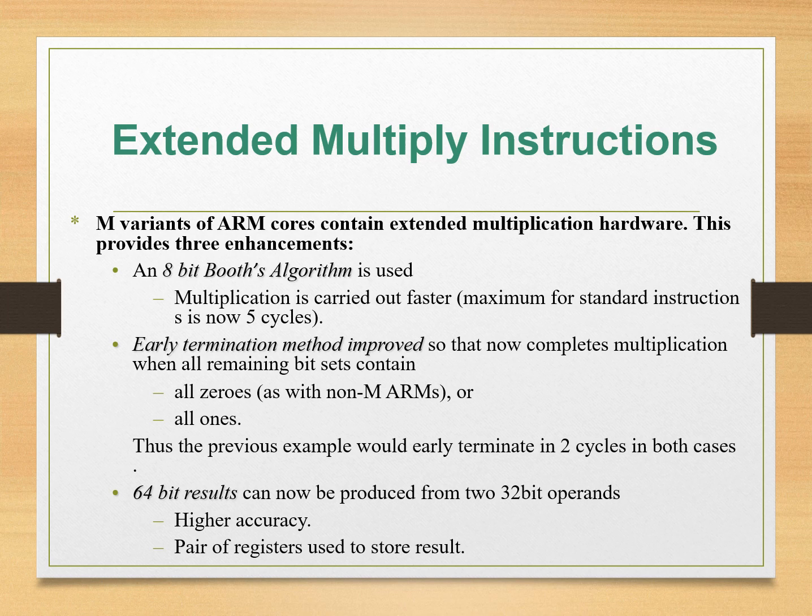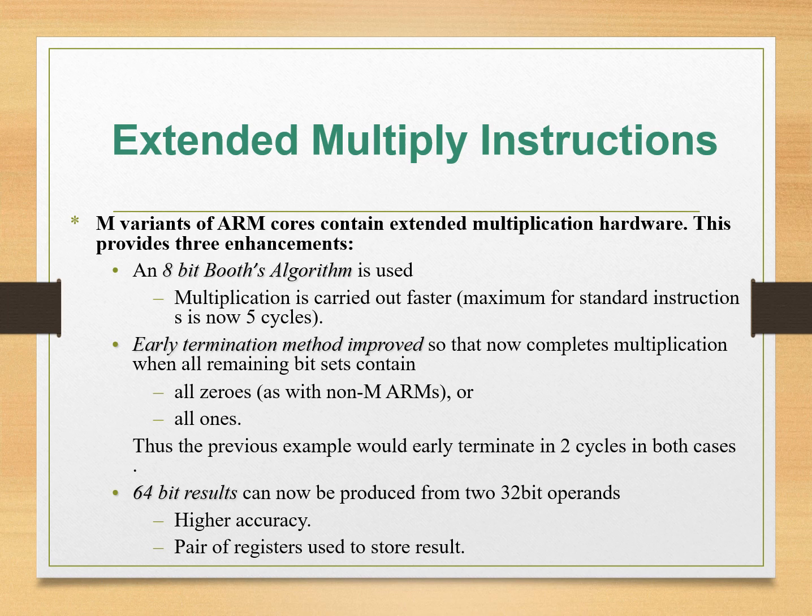In the previous example, 18 multiplied by -1, if you look at the binary numbers 18 and -1 and change the location of Rm and Rs, you only require 2 cycles in both cases.